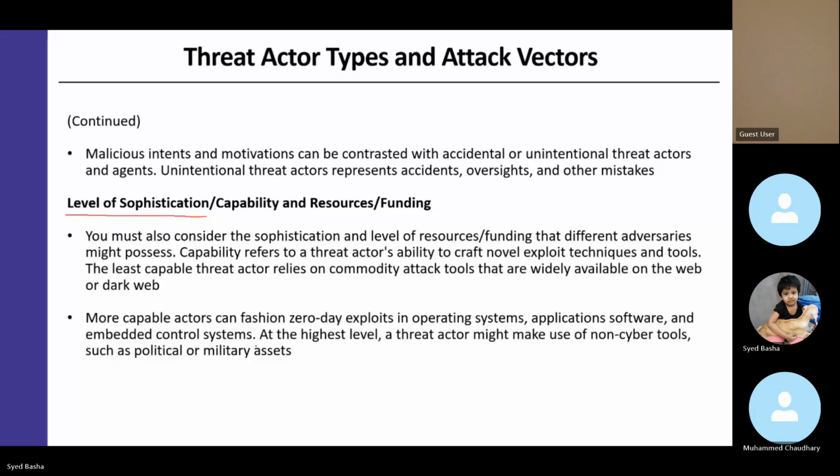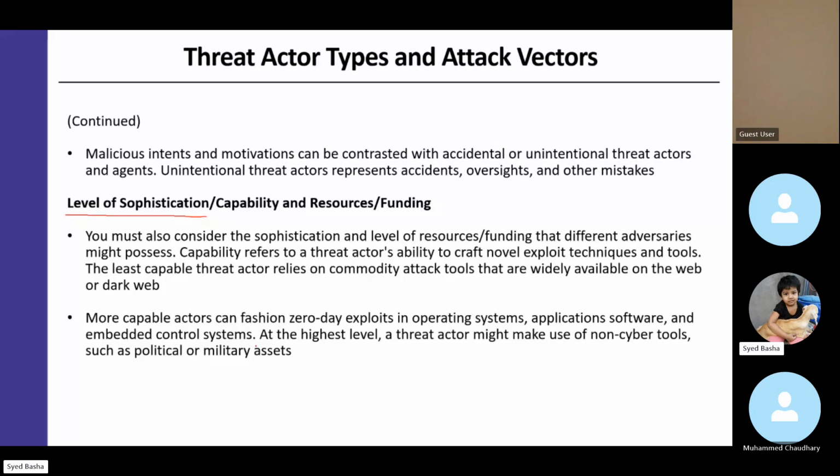From the government. After the Ukraine war, there are countries that have their own funded groups, which they just deploy against their enemy countries.